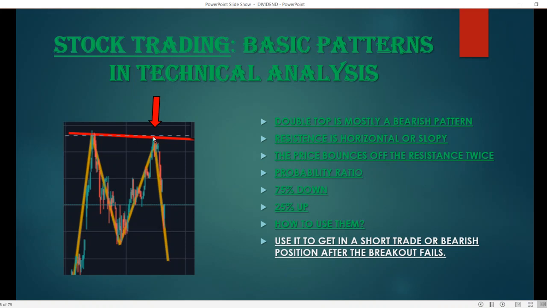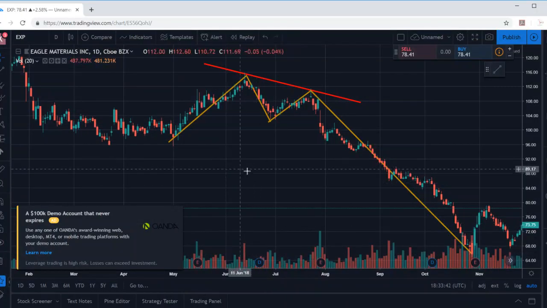So depending on the same stock, you can go long or you can go short. It depends on what the stock is doing. Let's look at the chart quickly and we will see. So this is a chart of Eagle Materials Incorporated.